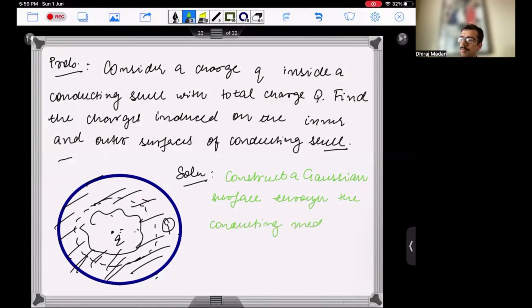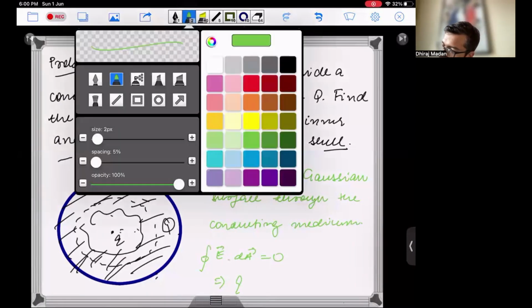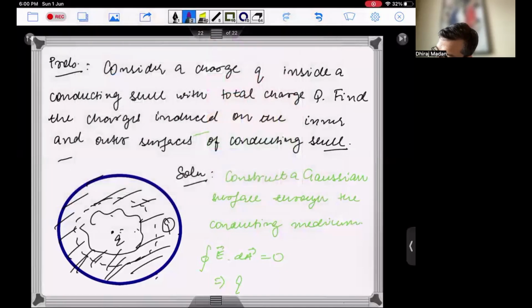If I compute the integral of E dot dA over the surface, this has to be zero because there is no electric field inside the conducting medium. That means that small q plus the charge on the inner surface, which I label Q inner, and on the outer surface I have Q outer. That means Q inner plus small q equals zero. So basically Q inner must be minus q.